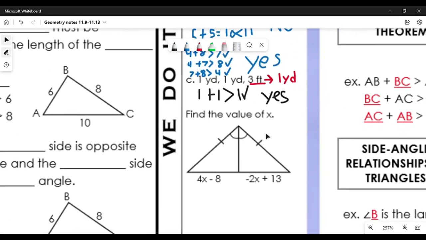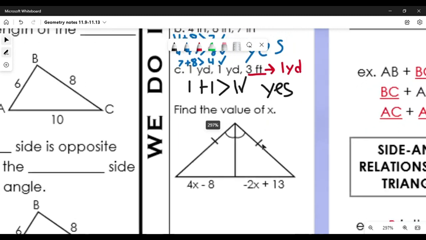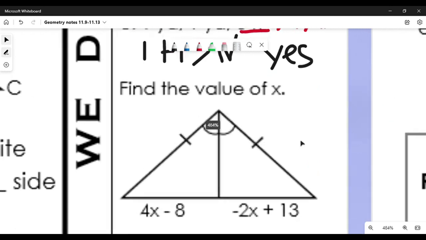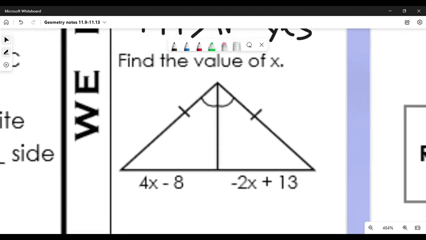Now, here's what we got. We have here a triangle, and they are asking us to find the value of x in this triangle. Now, in order for us to find the value of x here, we have to keep in mind some of the symbols that they show us here.